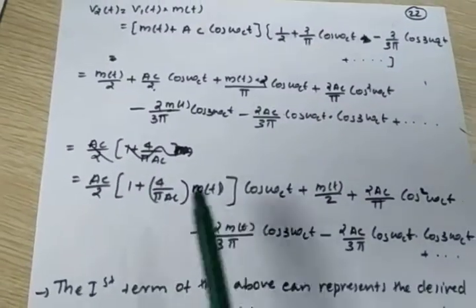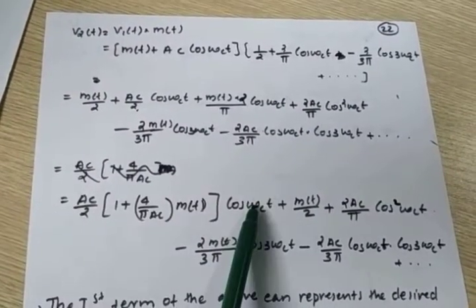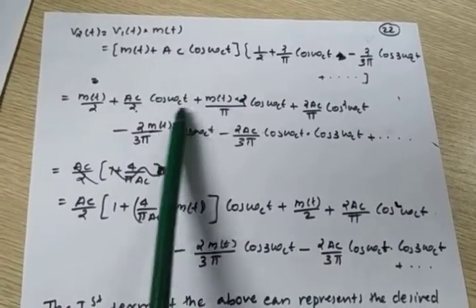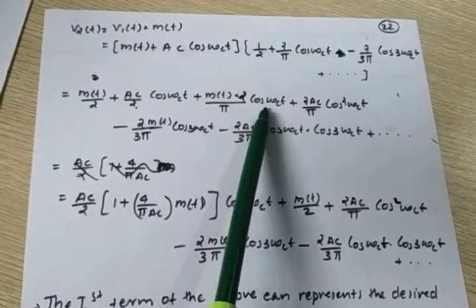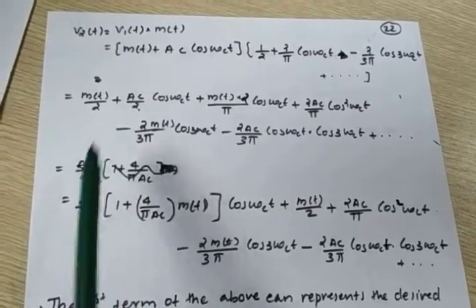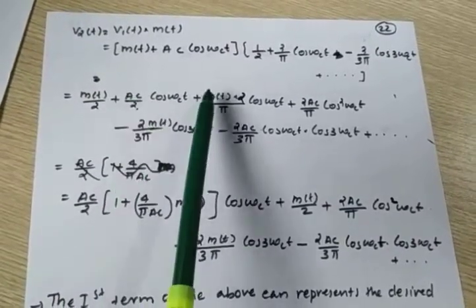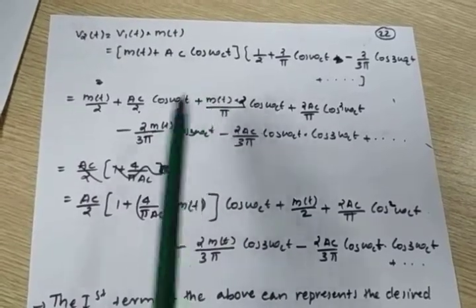Okay, now rearrange this. Cos omega ct terms: here we have a cos omega ct term, here also we have a cos omega ct term. You take AC by 2 common, but here we have AC by 2 and here no AC by 2, so you have to multiply 2 by AC like that.